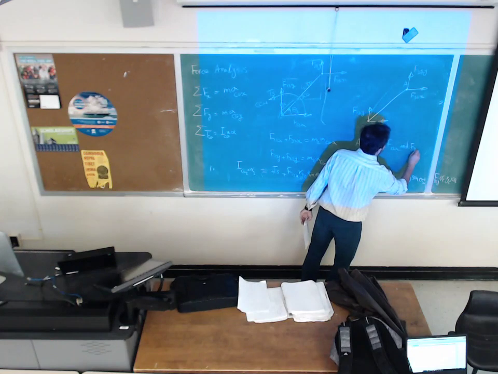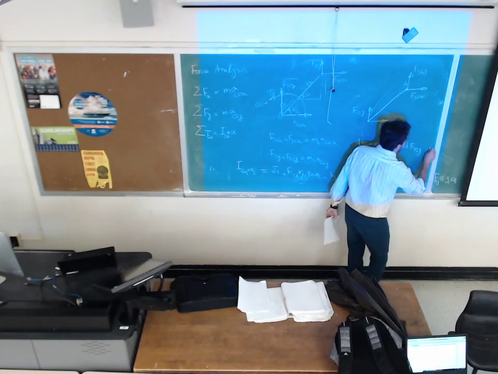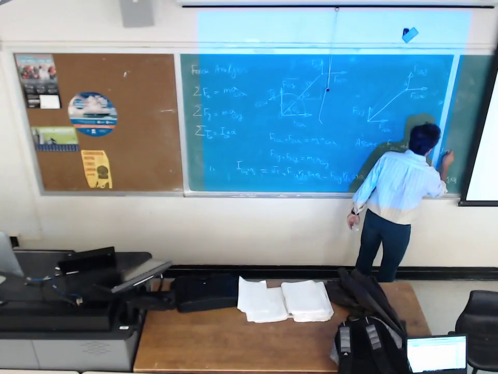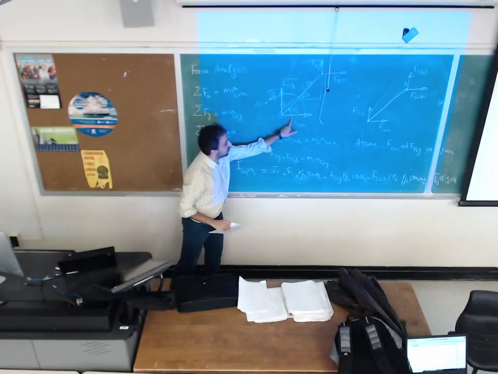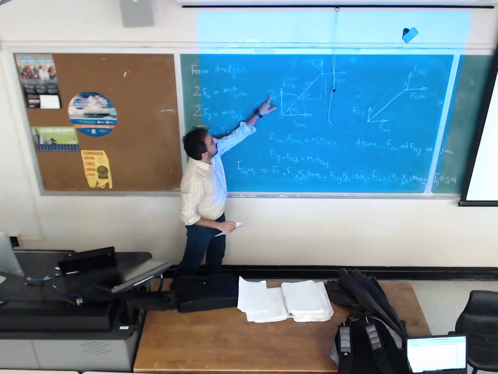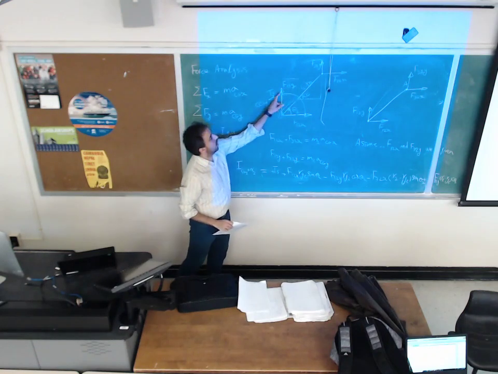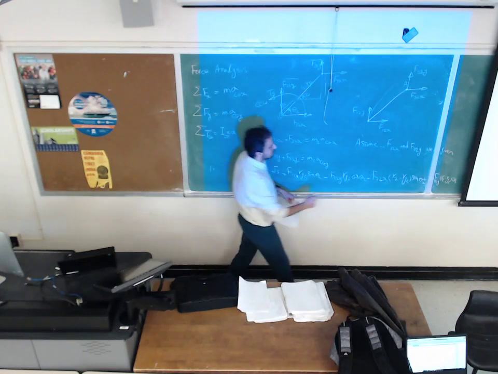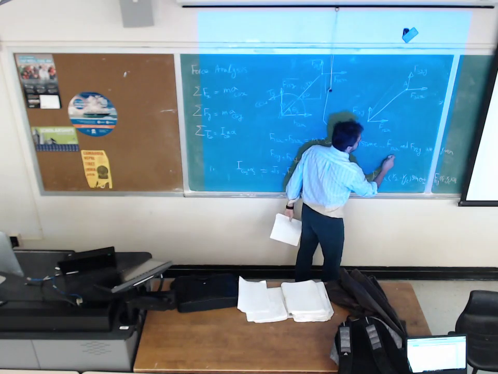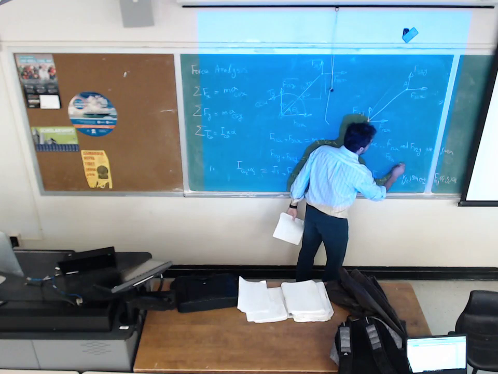So if they are given, we are solving for F12x, F12y, and how much torque do we need? Let me call F32x and F32y as FPx and FPy, just to make sure that they are good.